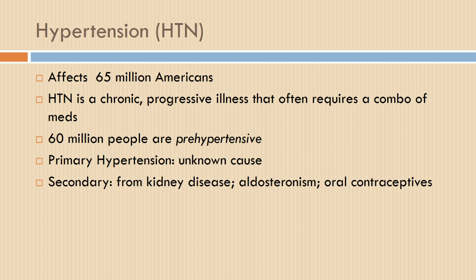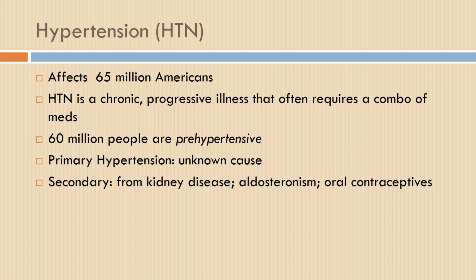60 million are pre-hypertensive, meaning their blood pressure measures above 120/80. If they fail to make lifestyle changes, they can develop hypertension. Although the causes of primary hypertension are unknown, there are risk factors like smoking, obesity, sedentary lifestyle, high fat, high sodium diets, alcohol use, and elevated serum lipid levels.